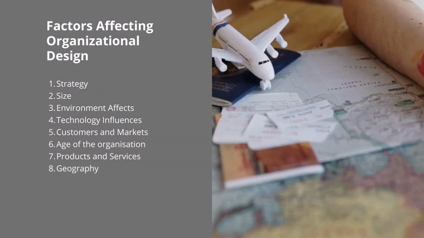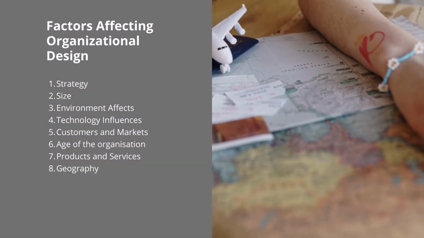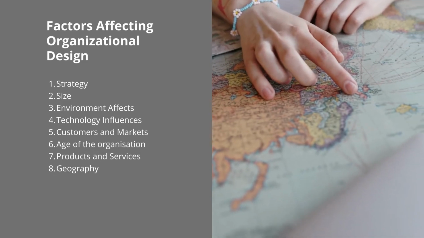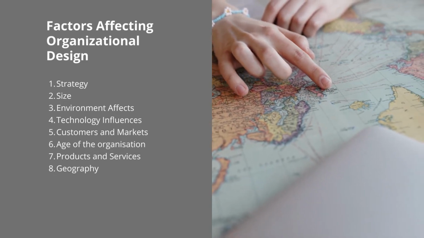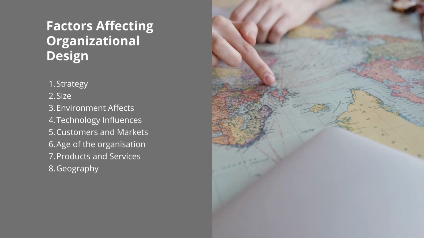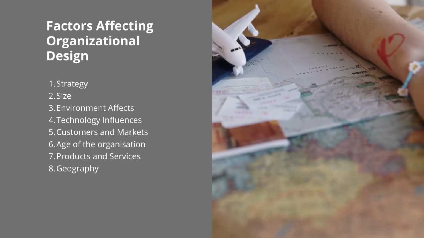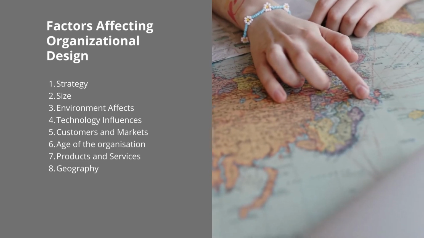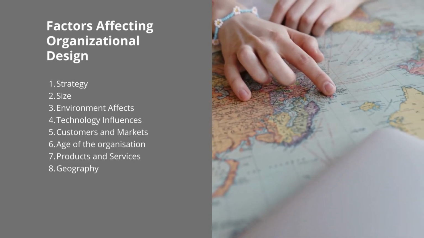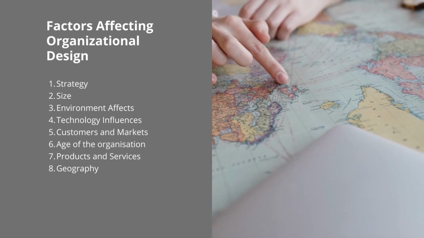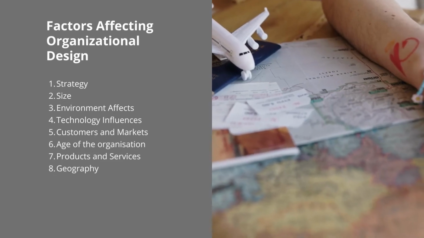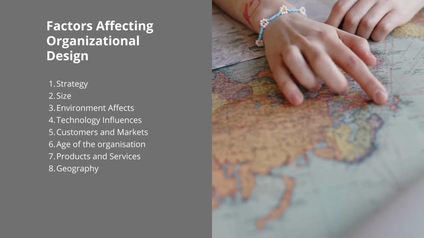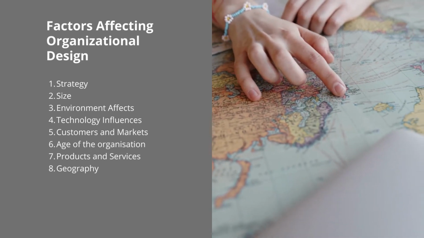Number eight, geography. The requirement to be close to the consumer or raw materials has a major impact on how a business is geographically distributed. In comparison to a single site location, where there is a significant degree of geographical distribution, there is likely to be a greater need for careful coordination and control.